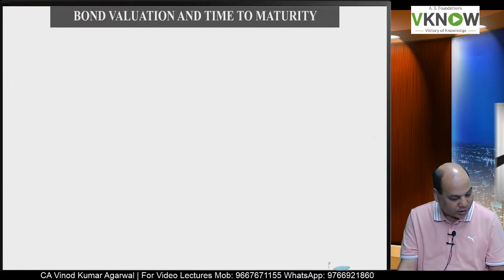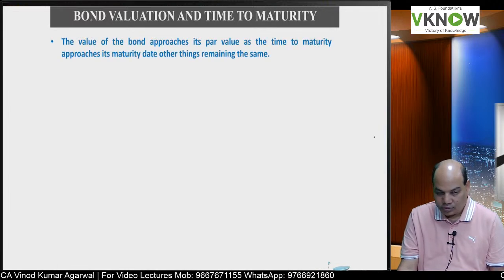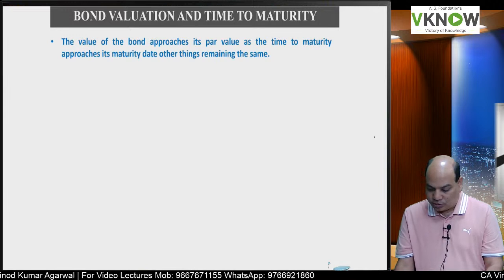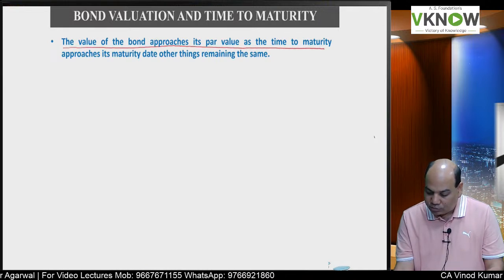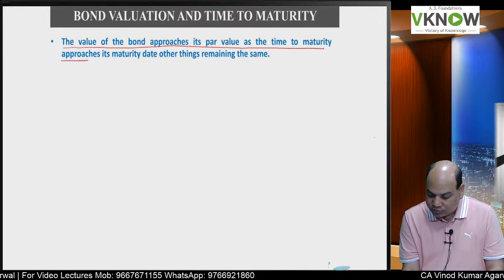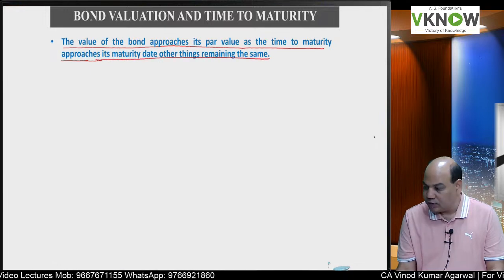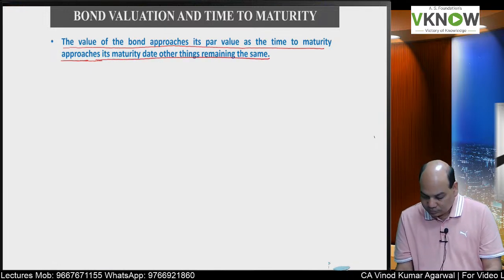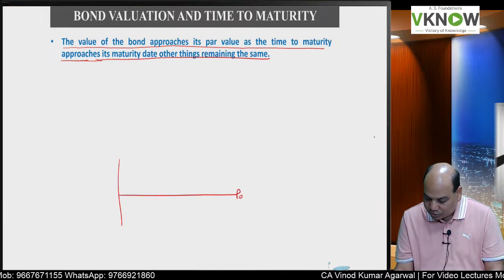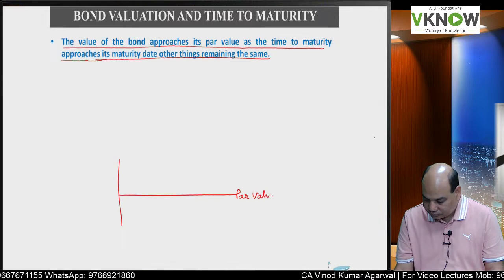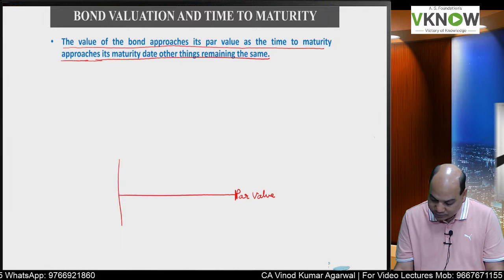Now come to the next paragraph, bond valuation and time to maturity. The value of the bond approaches its par value as the time to maturity approaches its maturity date, other things remaining the same. Suppose this is the par value of the bond, and this is the maturity date.